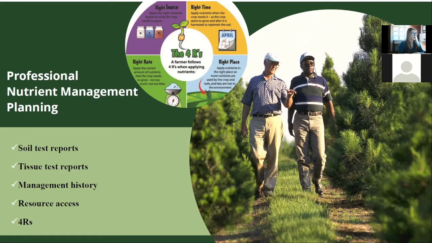Resource access, so a good nutrient planner will keep in mind what you actually have access to so that you're able to implement the recommendations. And finally, it's mainly based on the concept of 4R planning.